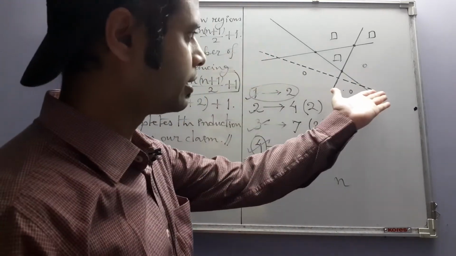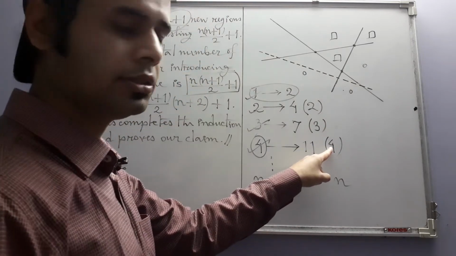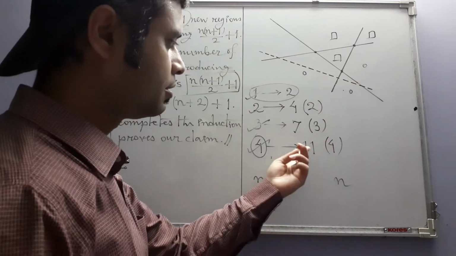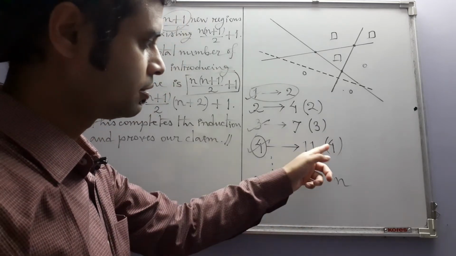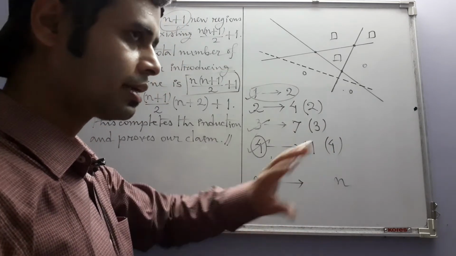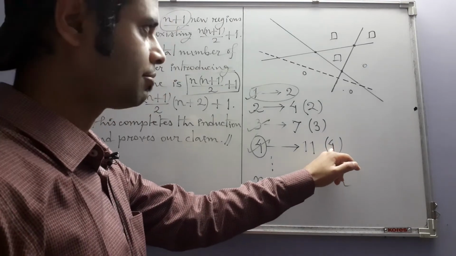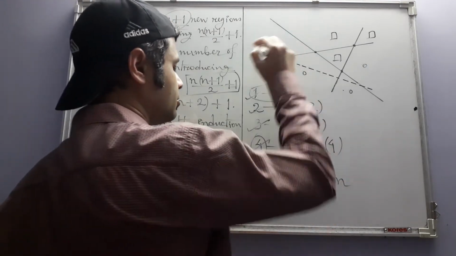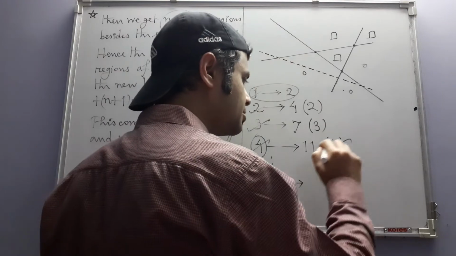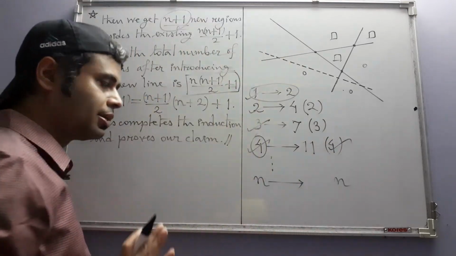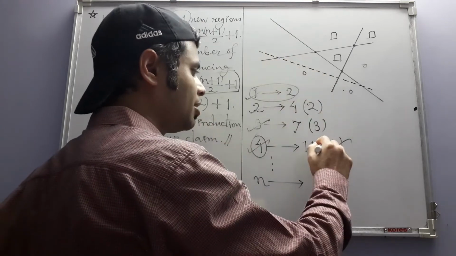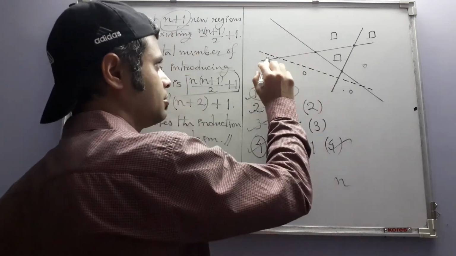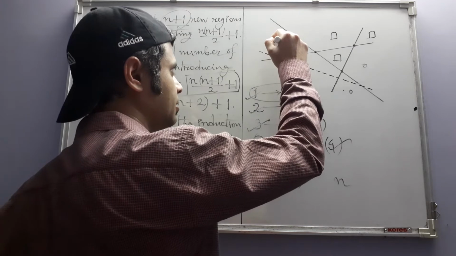Introduction of this line affected 4 regions. That means it has doubled the number of regions, and those extra regions are coming from these affected regions. So, besides these 4 regions which are already there, the regions themselves had got affected.